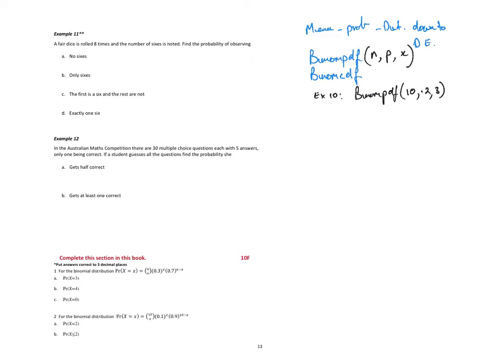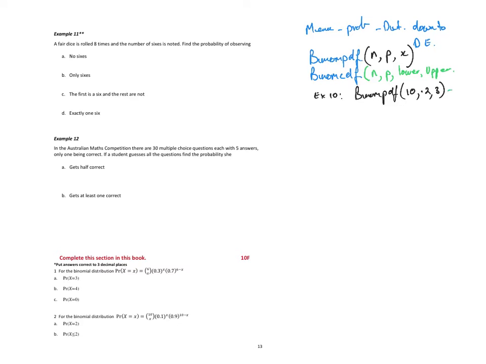For the binomial CDF, the CDF function is the cumulative density function, which gives you an interval of values. So again, we have n trials, the probability of success, and we put in the lower bound and then the upper bound.